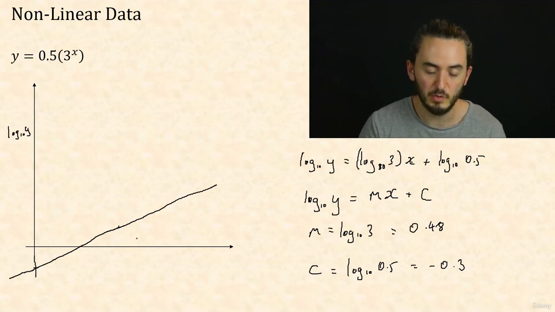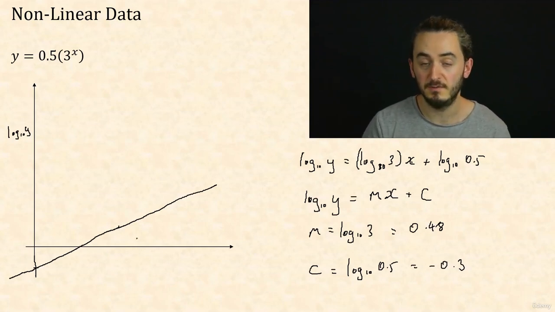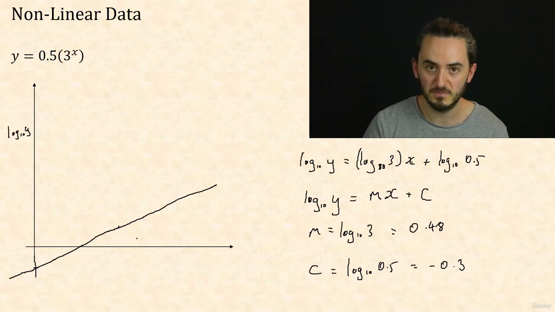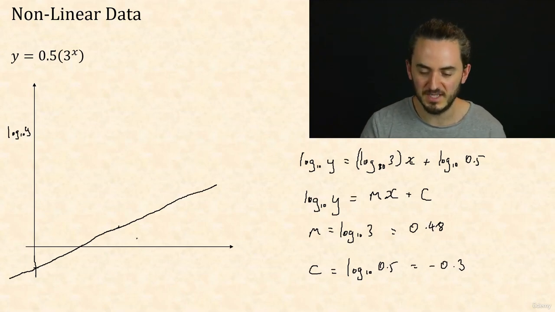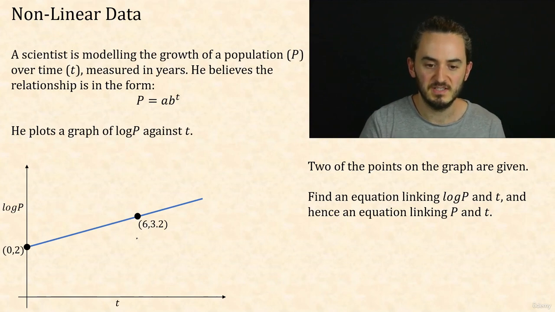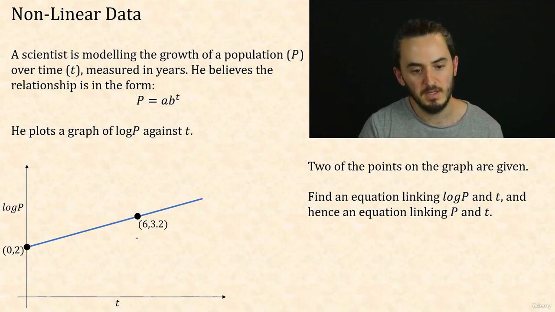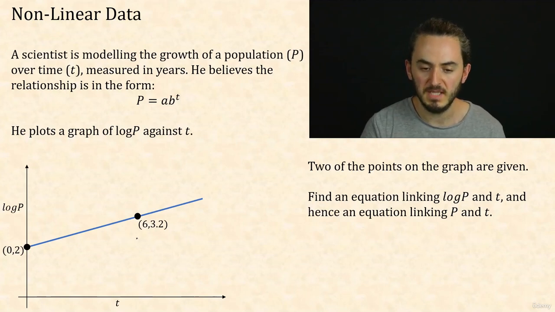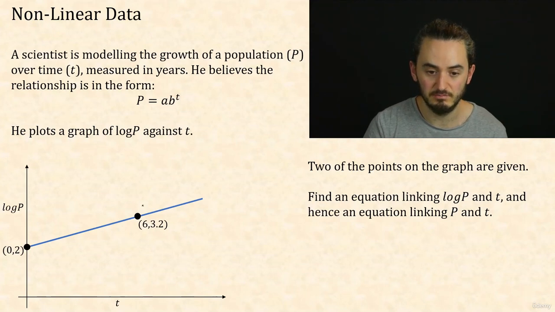Okay, the principle though is that we can turn curves into straight lines using logs. Let's look at an example to really consolidate this and see why it's useful. So a scientist is modelling the growth of a population, P, over time, T, measured in years. He believes the relationship is in the form P equals A B to the T. That's exponential, right?